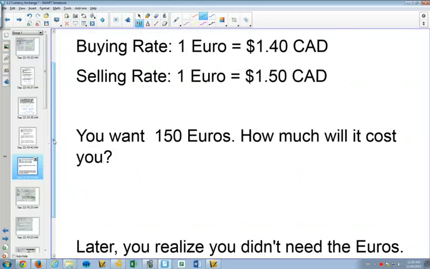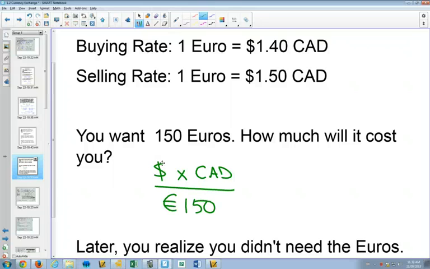So here, you want €150. How much will it cost? Well, what don't we know? We don't know how much it's going to cost in Canadian. We set up our proportion, €150. What do we know? That it costs $1.50 for €1.